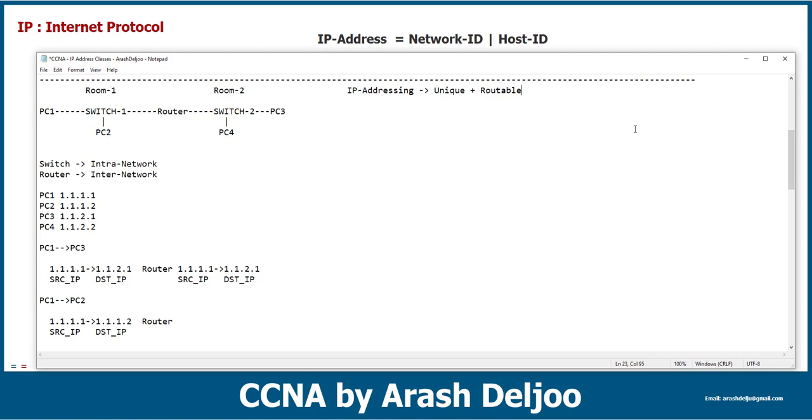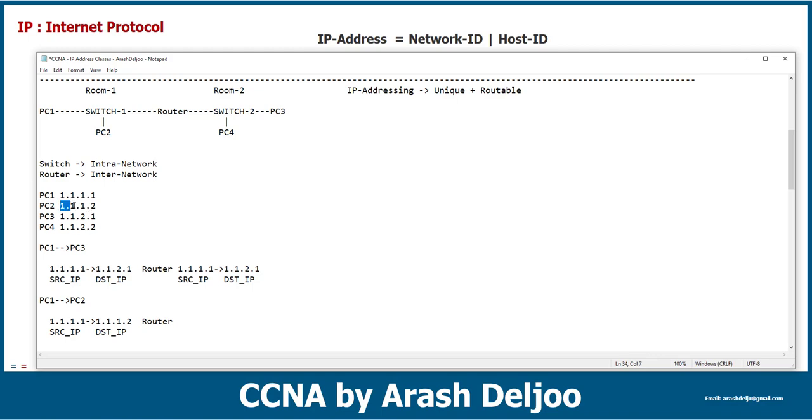I will talk about how one IP address can be routable, but this is just one example. The example says that if the first three octets match, this is not exactly correct, but it's fine for now. I will talk about the details of this in a future part of this video.